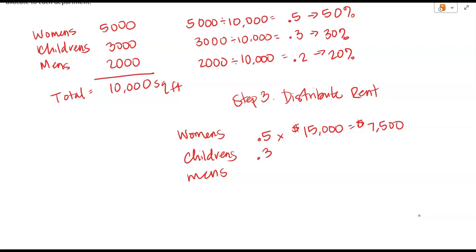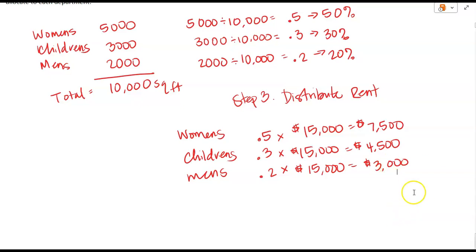For children's, that's 0.3 times $15,000, which is equivalent to $4,500. And then finally, the men's department, that's 0.2 times $15,000, which is equivalent to $3,000.